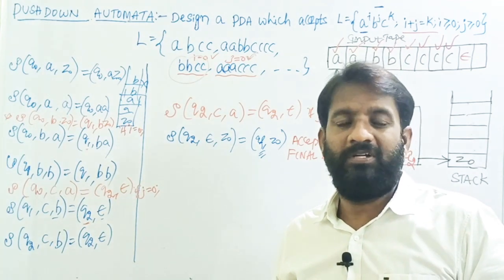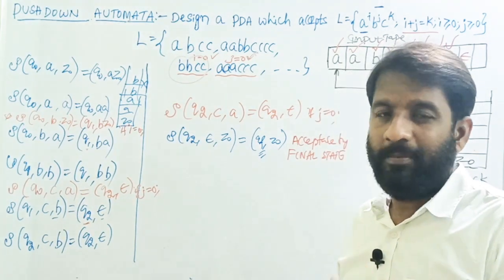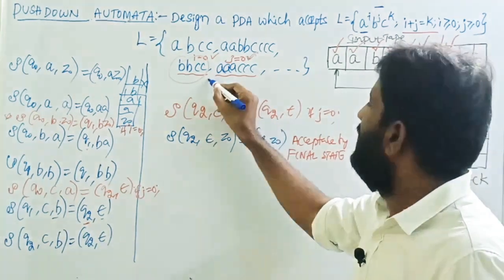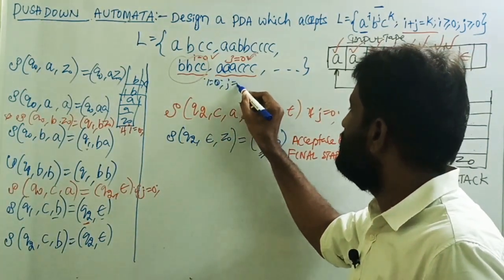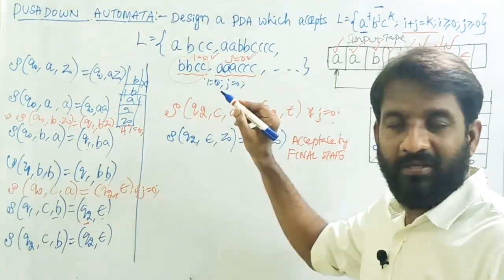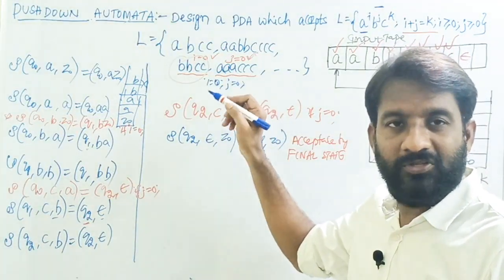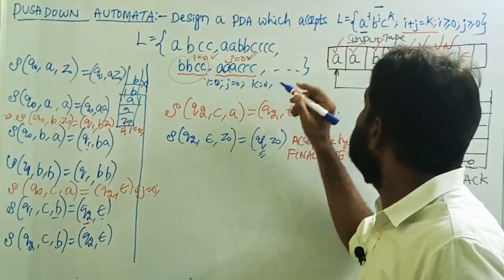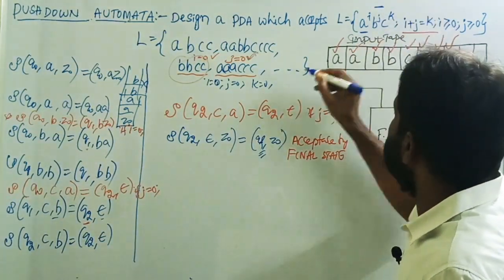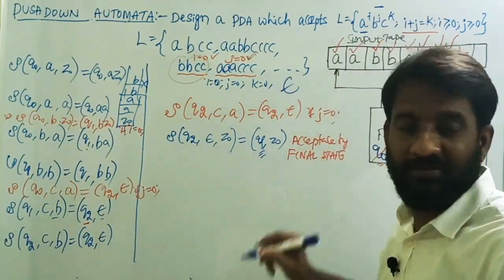Now we have to write one transition. What happens if the string I equals 0, then J equals 0. Ultimately I plus J equals K, so 0 plus 0 equals 0. So K equals 0. What string do we have? Only epsilon. The string is epsilon.